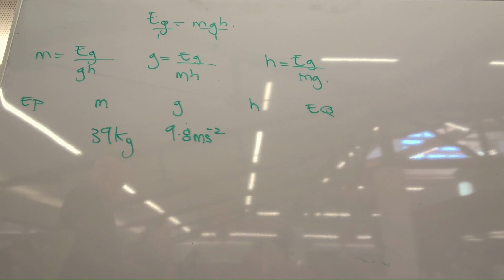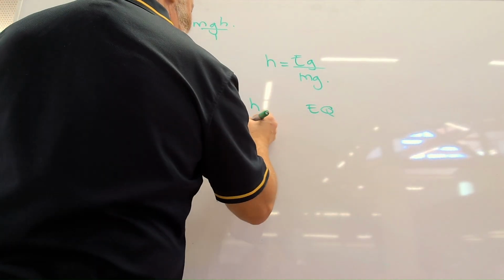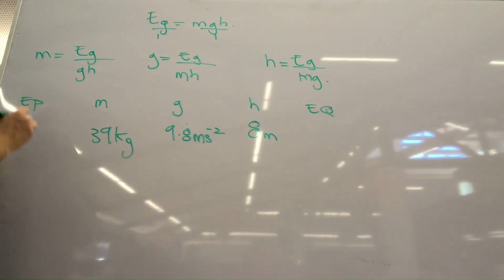I just want to know how tall your house is. 8 meters tall? Okay. On top of the house, it is 8 meters tall, and we want to work out how much potential energy it has if it should fall.